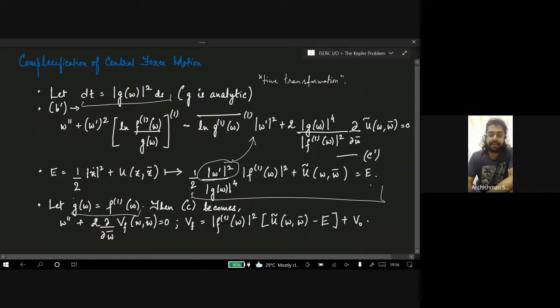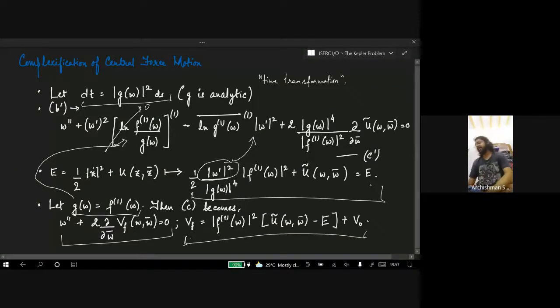So if I plug this over here, you can see that these w prime terms get cancelled. So this goes to 0. And then everything can be clubbed neatly into a central force motion with a potential that can be written as F1, with a potential of this particular form.